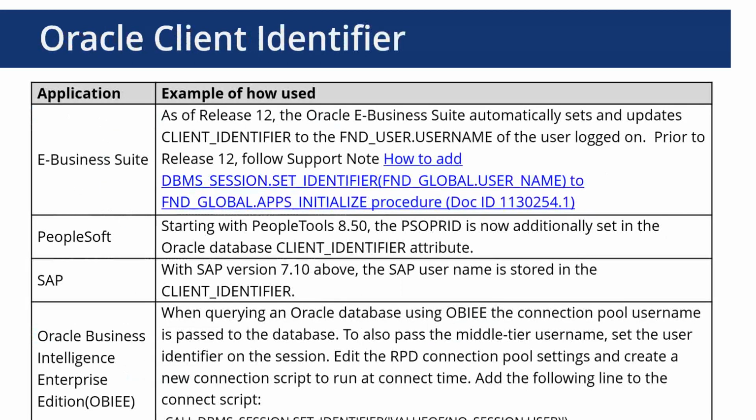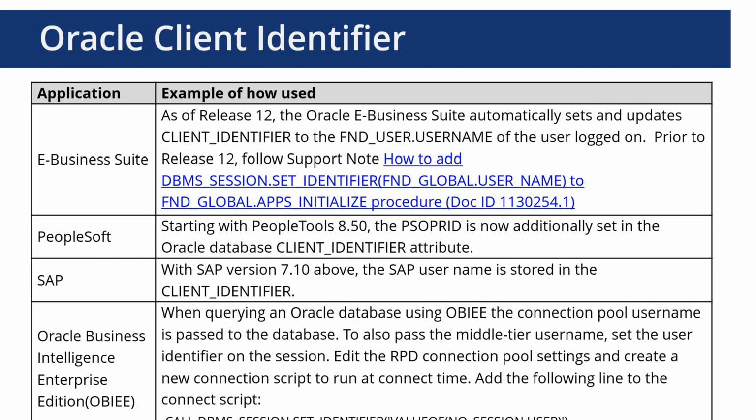I mentioned this at one of the earlier slides. One of the ways that I really see the Oracle Audit Vault generating value is through this concept of identity propagation. So, if you are using the Oracle eBusiness Suite, PeopleSoft, SAP, or even OBIEE here, I couldn't fit more than that onto the slide, the client identifier is a standard functionality of the Oracle database, to put it very simply, and it is a shelf.